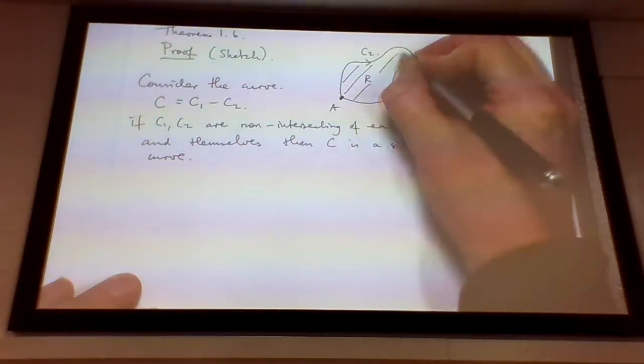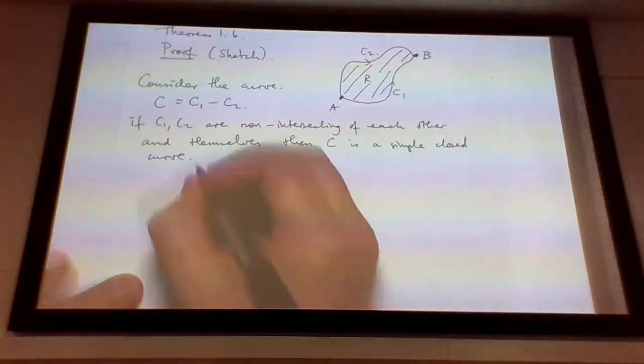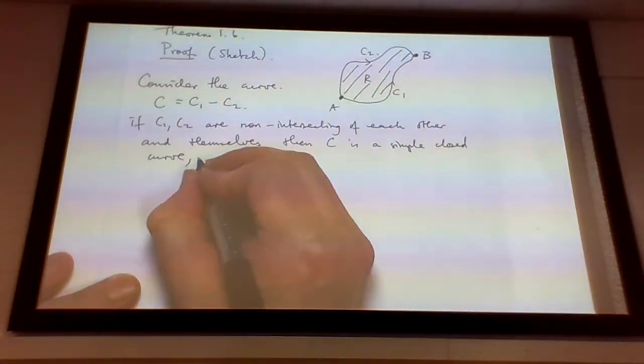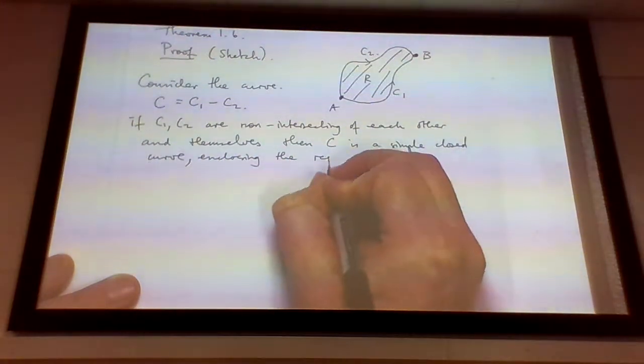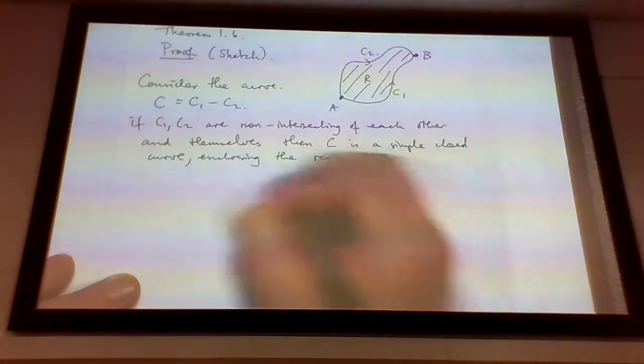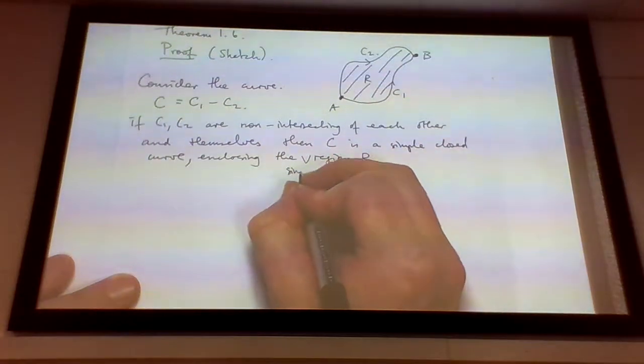And then there's this region enclosed by them. C is a simple closed curve enclosing the simply connected region R.